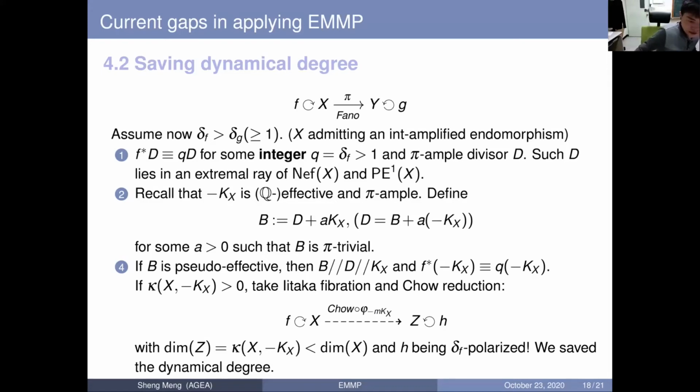Since minus K is effective, we still have two situations. First is that the Iitaka dimension of minus K is positive.